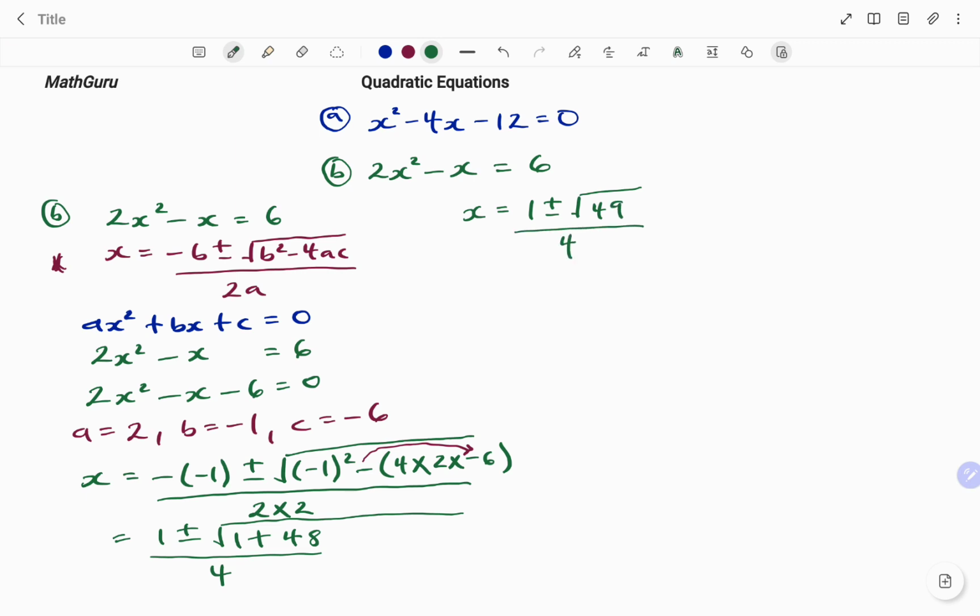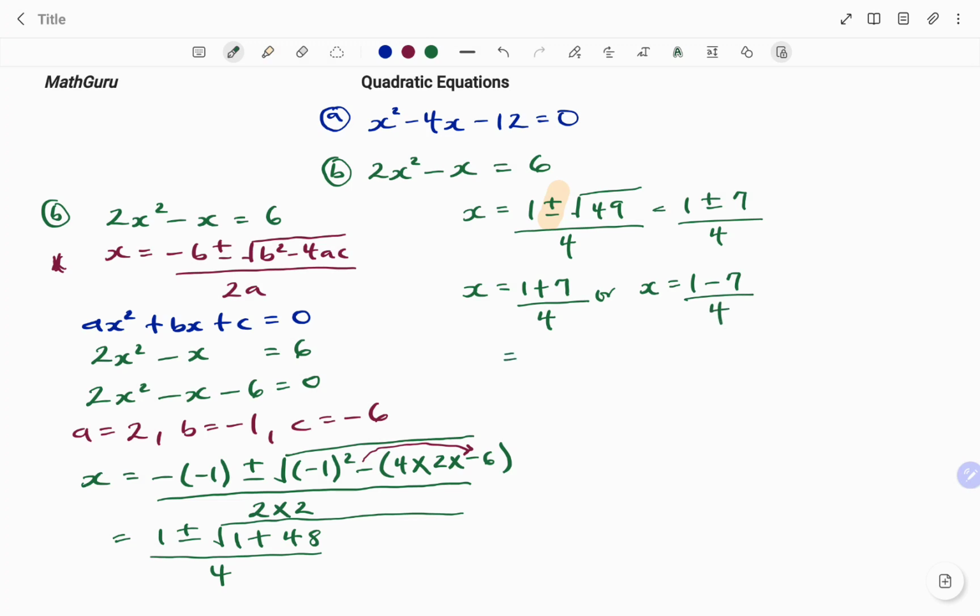Now note that because of the plus or minus, I'll have two values for x. The first value using the positive, I have x equals 1 plus root of 49. I'm going to simplify further here. Root of 49 is 7, over 4. So I have the first, 1 plus 7 over 4, or x equals the second, 1 minus 7 divided by 4.